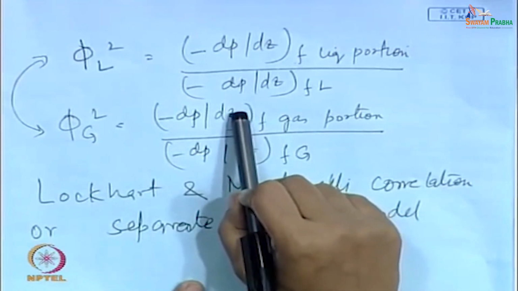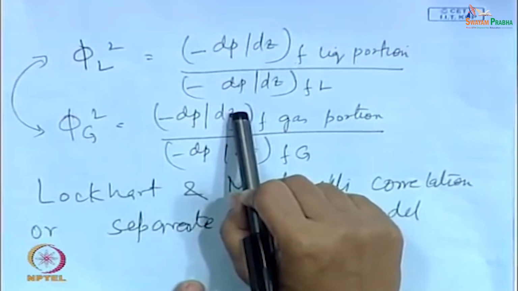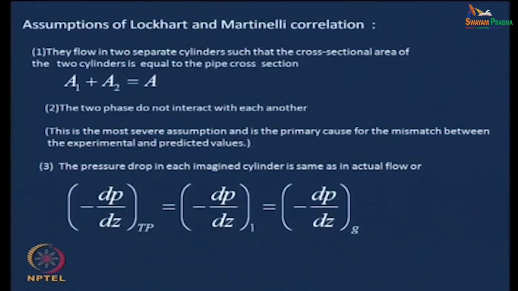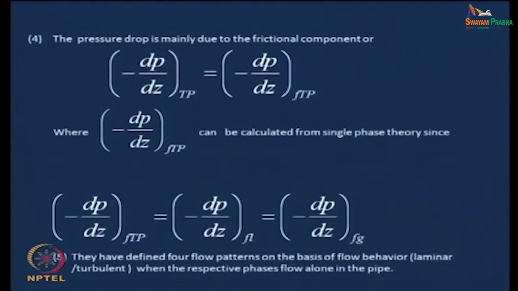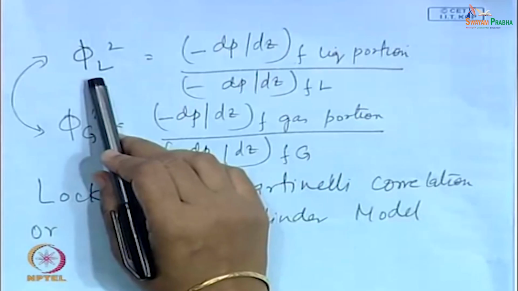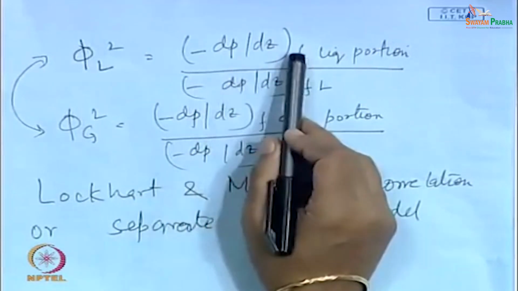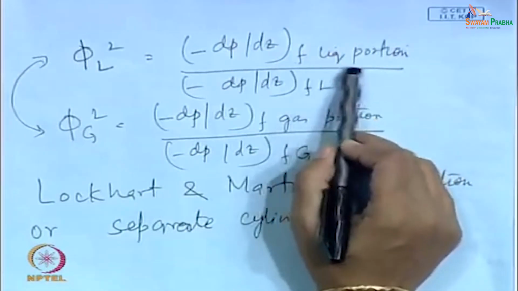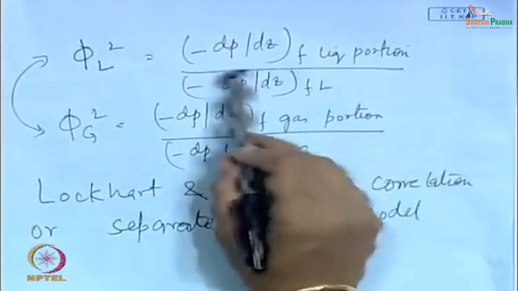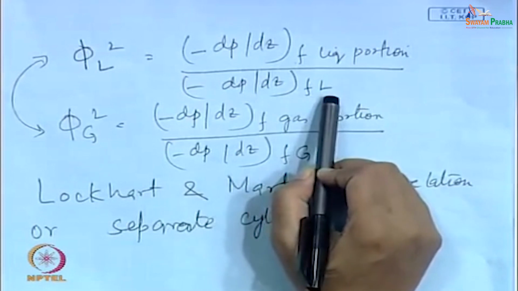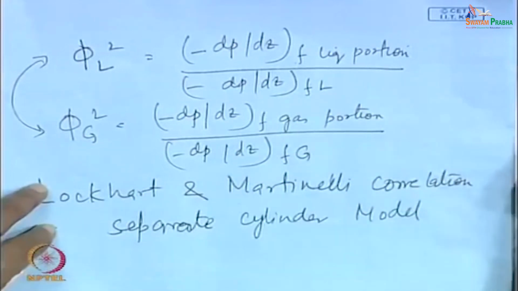Now, based on the assumptions of the Lockhart and Martinelli correlation, assumption 3 and assumption 4 which I have written down in the transparency, give you this expression. So, phi L square was minus dP dz frictional for the liquid portion of the flow divided by the frictional pressure gradient when that liquid flows alone in the pipe.